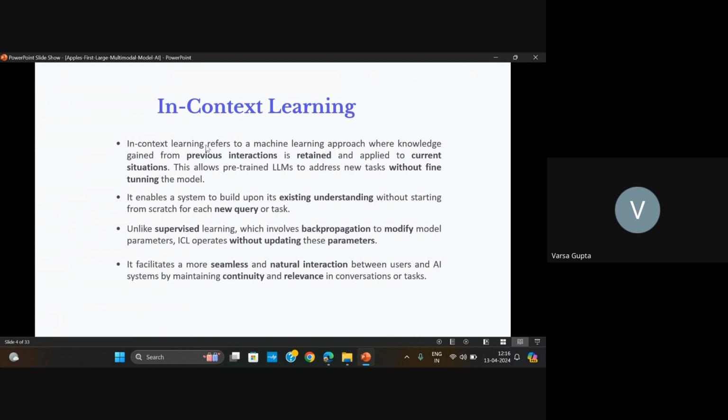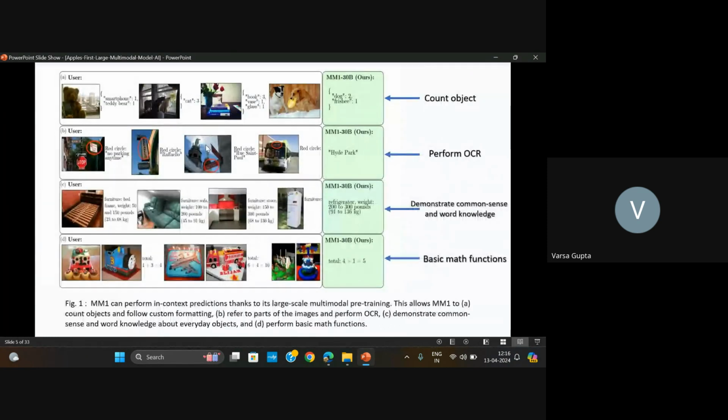We see how MM1 is able to perform in-context learning through this figure. This figure describes that MM1 can perform various tasks: it can count objects in images, perform OCR, demonstrate common sense and world knowledge, and also perform basic math.